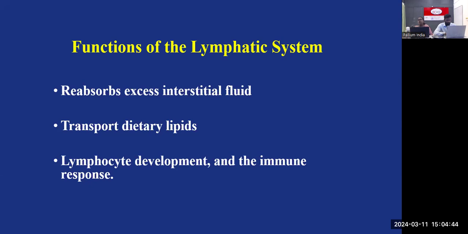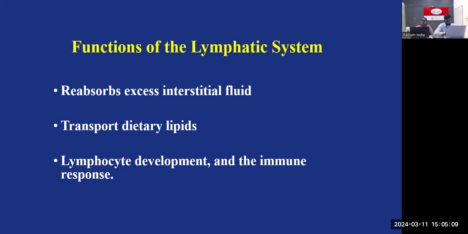The next major function of the lymphatic system is to transport dietary lipids. Especially in the small intestine, small villi are present. They help to transport the lymphatic fluid as well as the absorption of lipids.